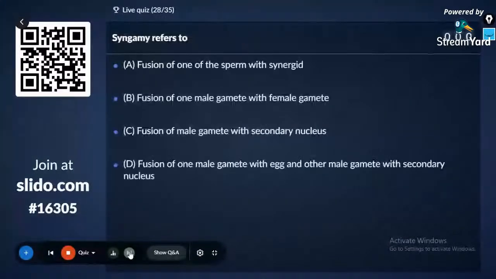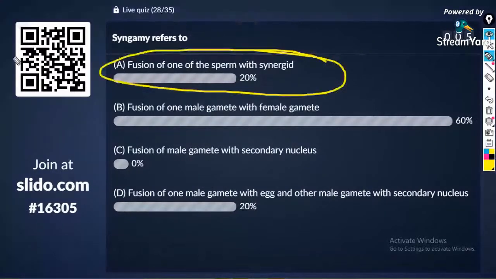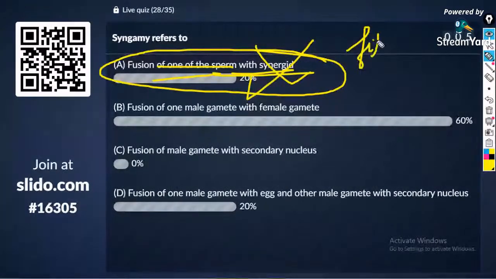Yes, guys, a simple question I included. Syngamy refers to fusion of one of the sperm with the synergid, fusion of one male gamete with the female gamete, fusion of one male gamete with the secondary nucleus, or fusion of one male gamete with the egg and the other male gamete with the secondary nucleus. I am not asking about the definition of double fertilization. Guys, name the type of fusion. There is no fusion occurring between sperm and synergid. The synergids contain hair-like structures called the filiform apparatus.